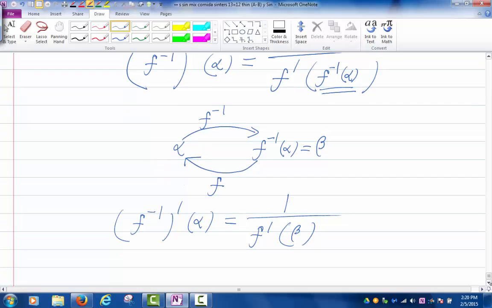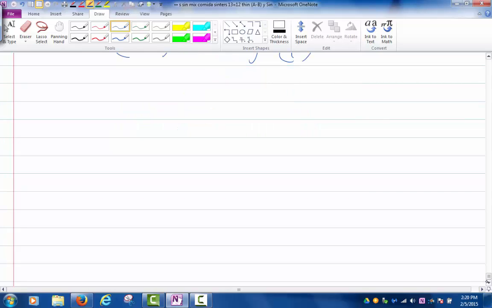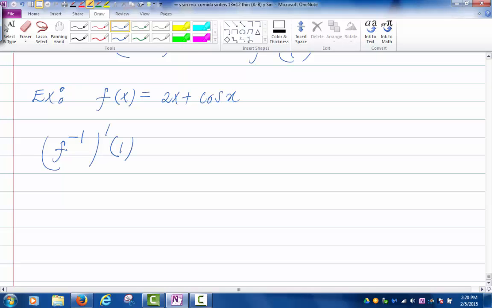All right. So let's do an example, and would you guys give me maybe a minute to do just one example? Okay, just to make sure that this explanation is complete. I have, let's say, the function f of x, which is 2x plus cosine x. And let's say what I want to find is the derivative of the inverse at the number 1.